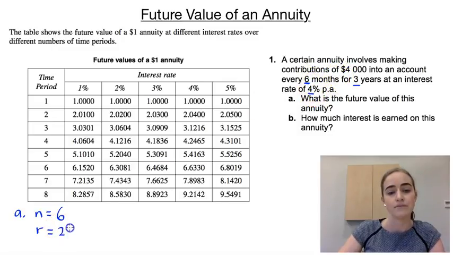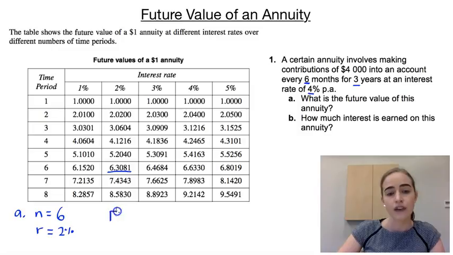So if we have a look in our table now, if we were to invest $1 every time period, so ignore our $4,000 for a minute, if we were to invest $1 every 6 months for 3 years at 4% per annum, we'd go down our 2% here until we got to 6, and we'd have this amount here. So that's the future value of $1. But we've got $4,000.